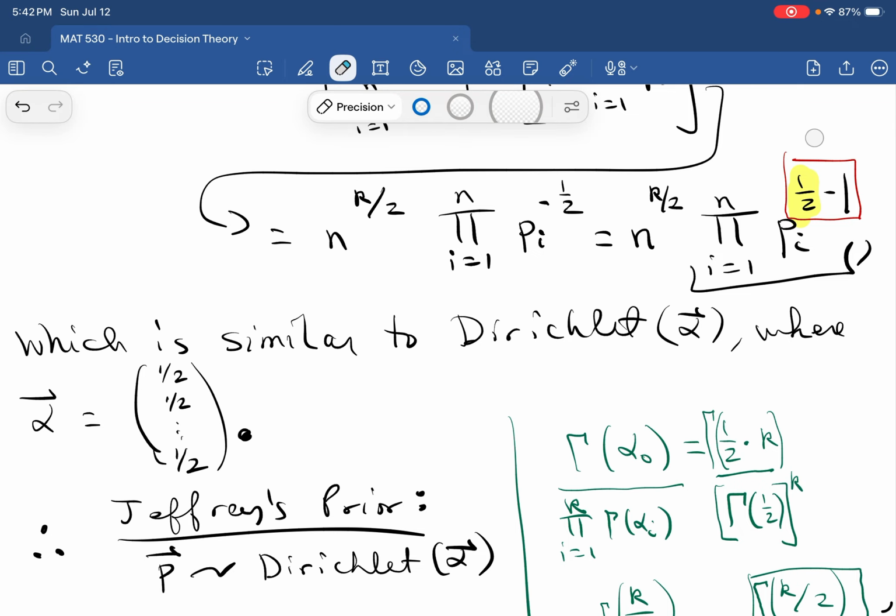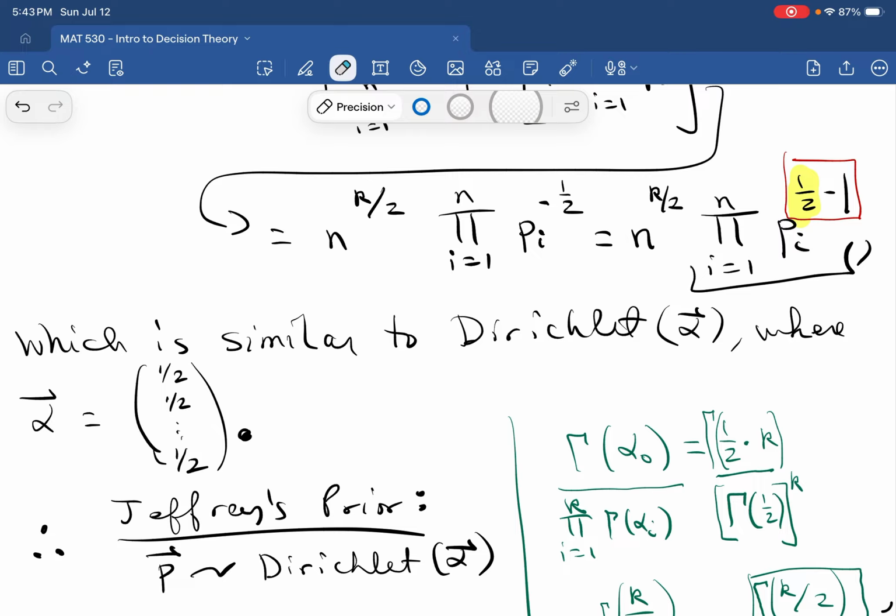So if we look here where that power has been boxed in red, we just add 1 to that, and that will just get rid of the minus 1. And so I've highlighted the 1/2 because that's the parameter for, in this case, each component. So the alpha, the parameter for the Dirichlet distribution, is the vector of 1/2.